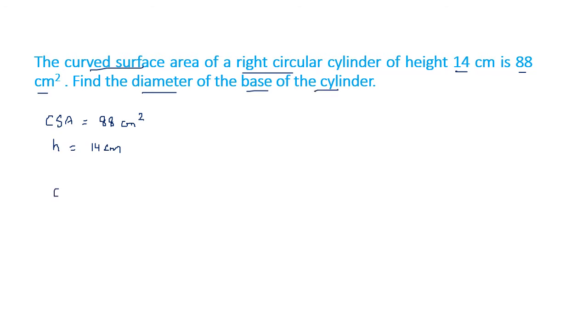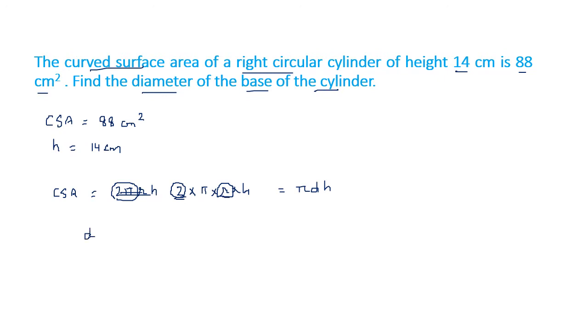So now we know CSA equal to 2 pi r h. The formula 2 pi r h. So I'll write 2 into pi into r into h. Why I wrote this? Because 2 into r will give me the diameter, which I have to find. So I'll write now pi d h. What I have done, instead of 2r, I have written d. Now here is the formula.